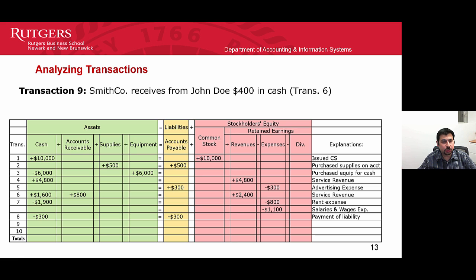In the 9th transaction, Smithco receives from John Doe $400 in cash. This is basically to pay part of the debt that they had from transaction 6.